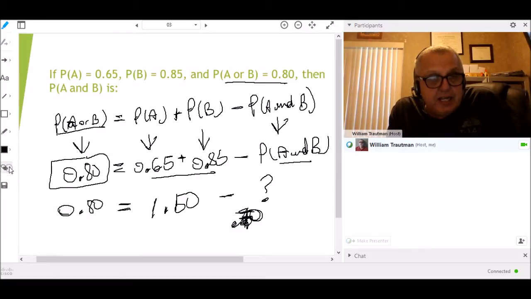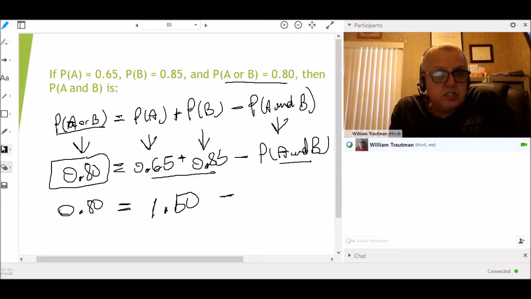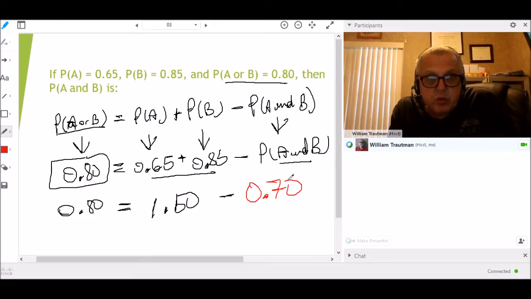So the correct answer is 0.7. I hope that makes sense. 0.70. And check your work. 1.5 minus 0.7 equals 0.8.